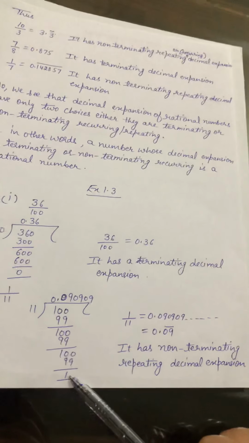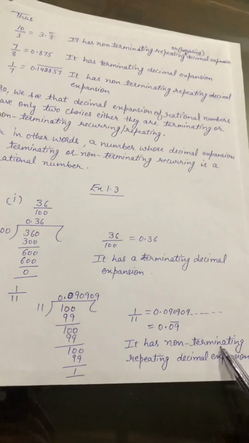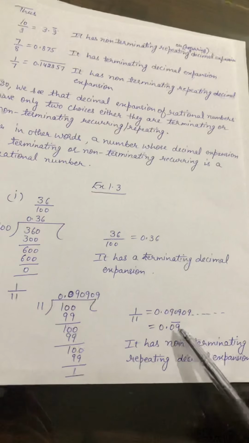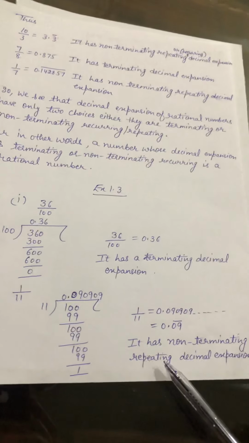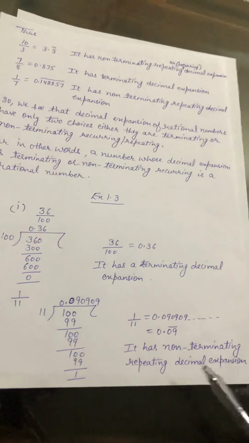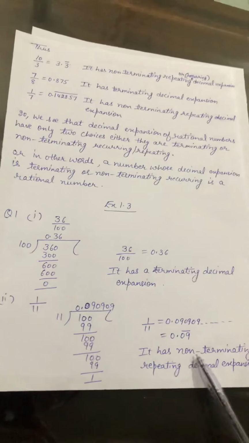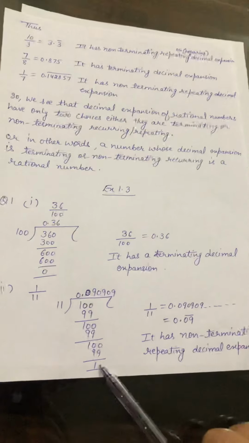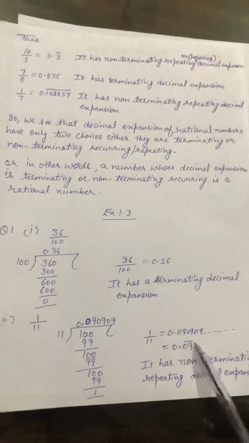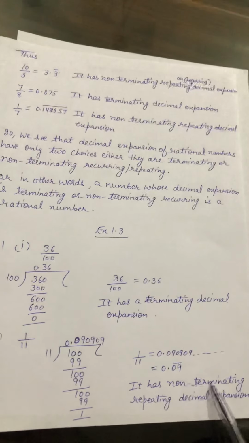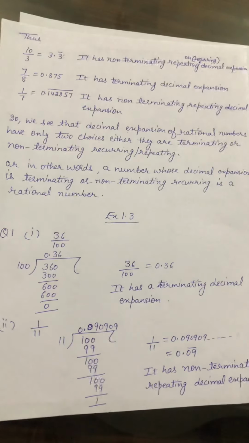The remainder is not 0, that is why it is non-terminating, and 09 is repeating, so it is a non-terminating repeating decimal expansion.